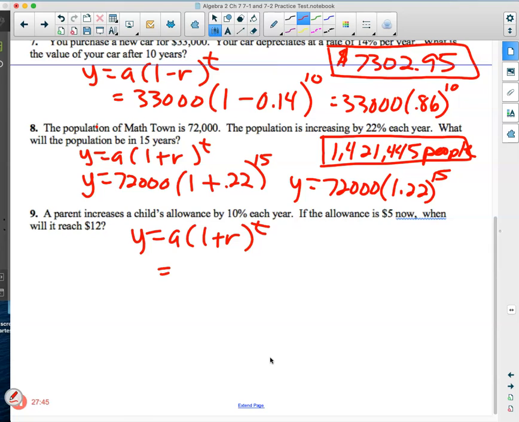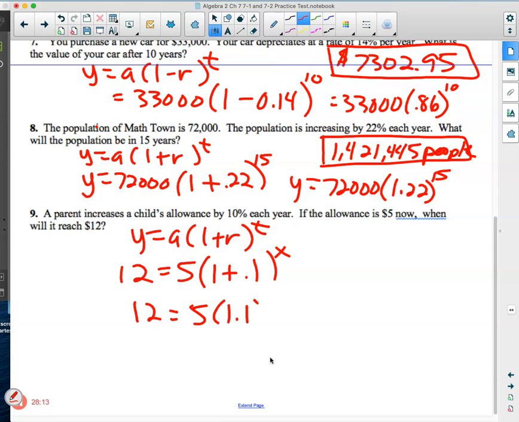So they're starting with a little $5. What do I put in for r? 0.1. How many years? Oh yeah, we don't know that, do we? What are they hoping to get to? 12.